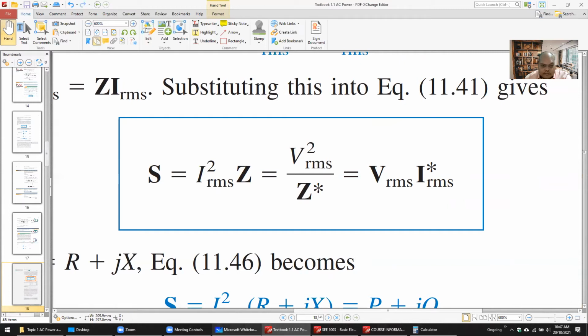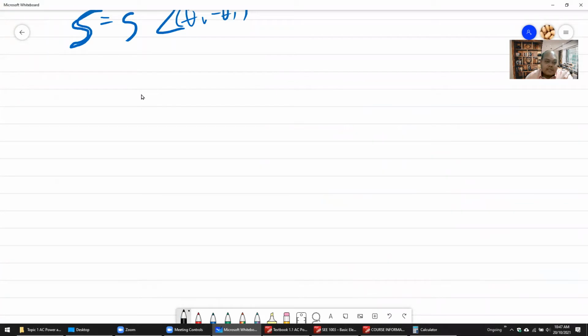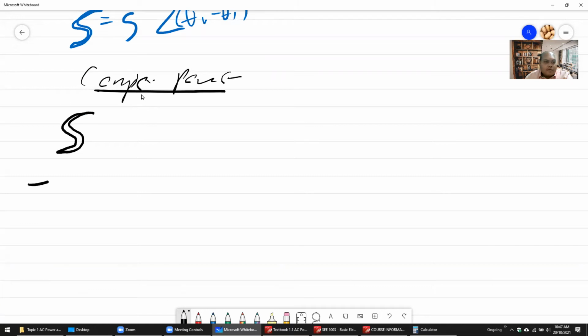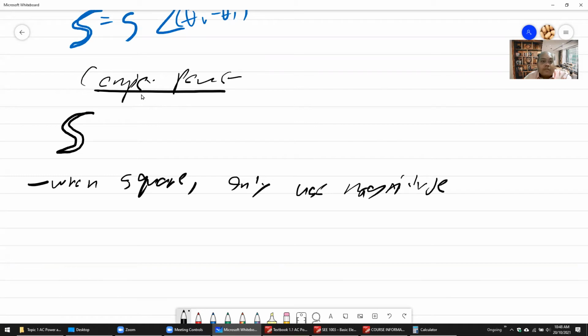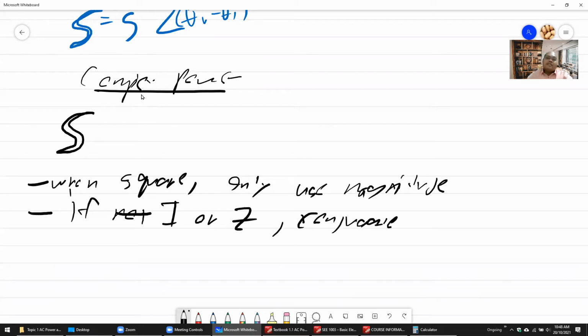The trick for the complex power formula is: when there is a square, only use magnitude. And if not, for I or Z, use the conjugate. That is the tip that you can use to memorize.